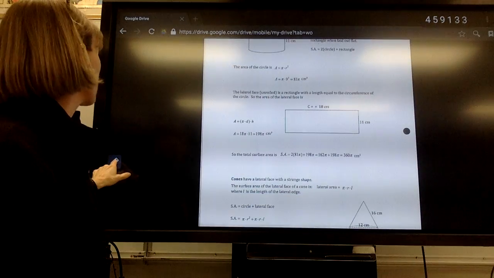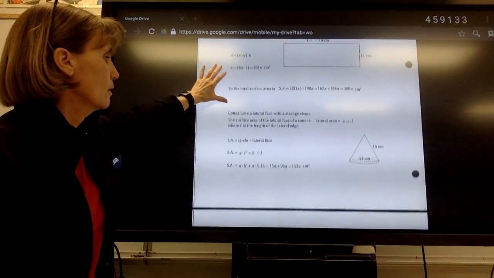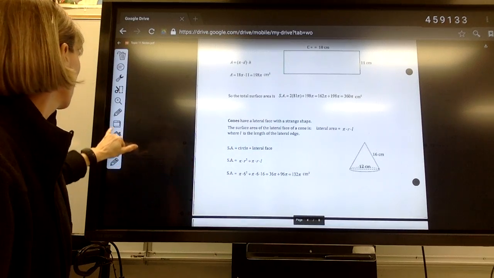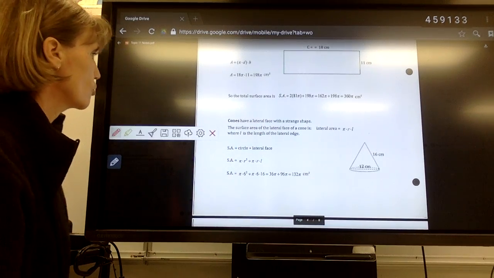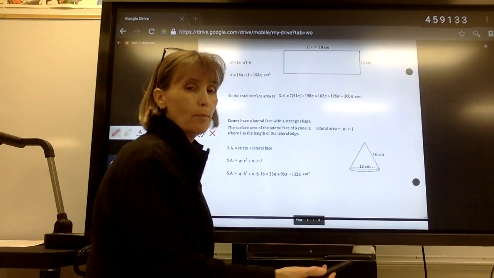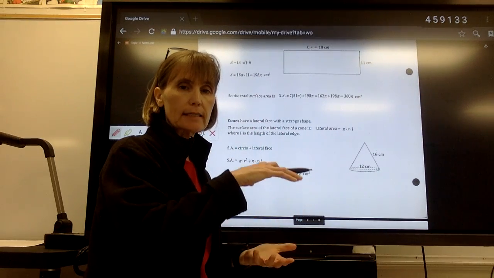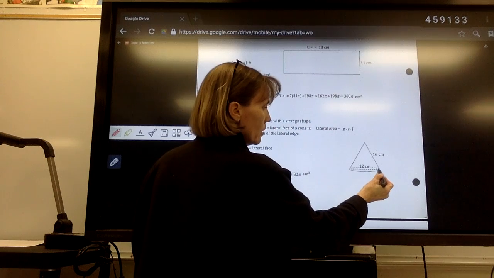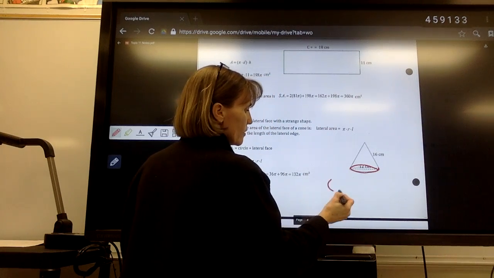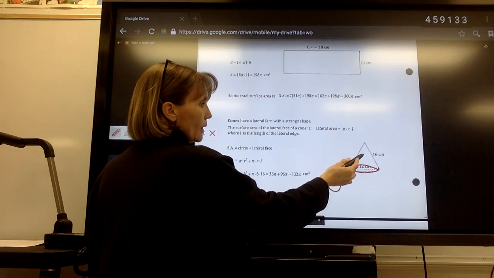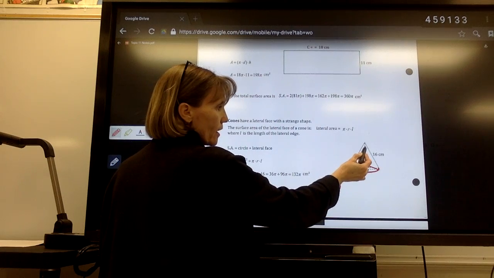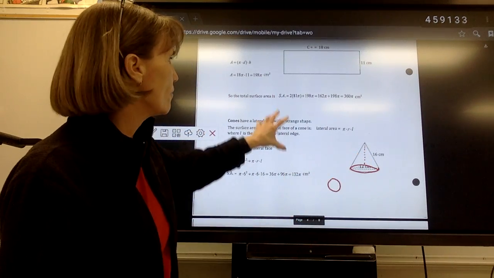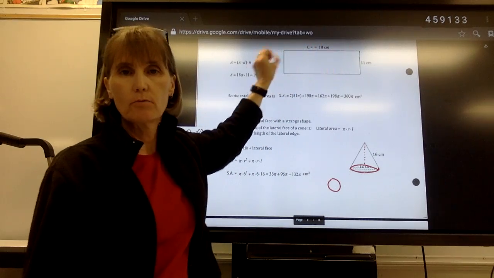All right, cones. When it comes to a cone, we've got a little bit of a difference here. So a cone has how many circles? Unlike a cylinder that has the circle at the top and the circle at the bottom, the cone just has one circle. So we're going to have a circle, and then that lateral surface. If I were to take that cone and cut it down and try to lay it out, I wouldn't have a nice rectangle like I did with the cylinder.